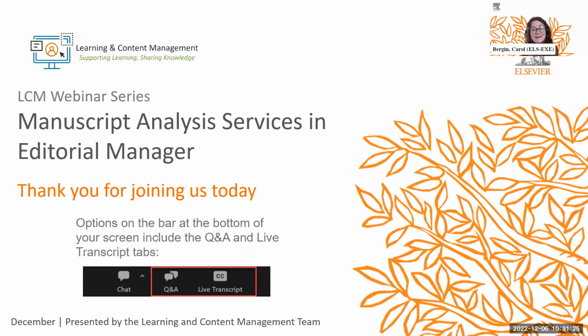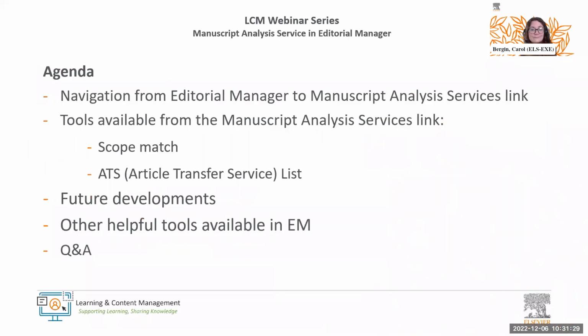Okay, let's take a look at our agenda for today. We'll start by showing you how we navigate from Editorial Manager to the Manuscript Analysis Services link. Next, we'll look at the tools currently available as part of the service, including Scope Match and the Article Transfer Service list.